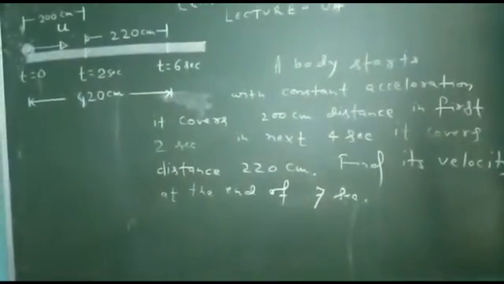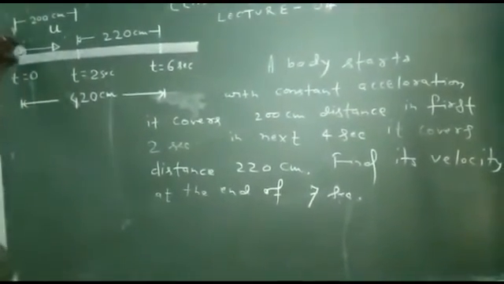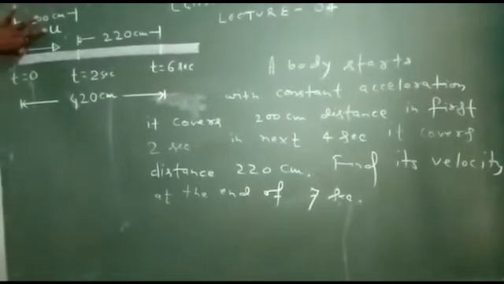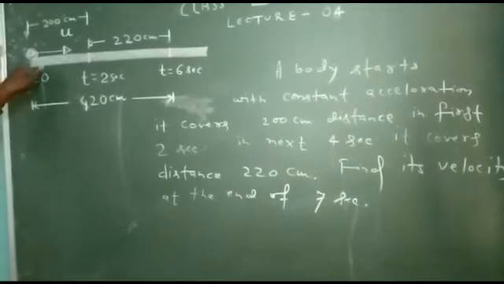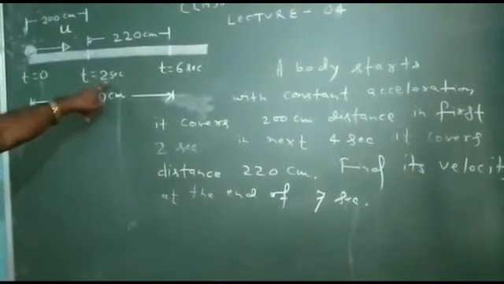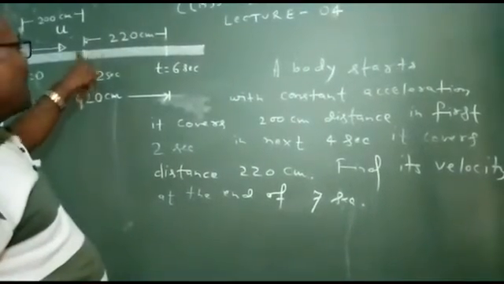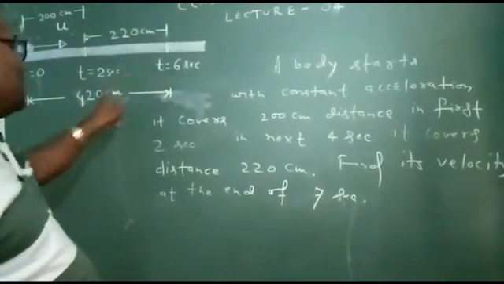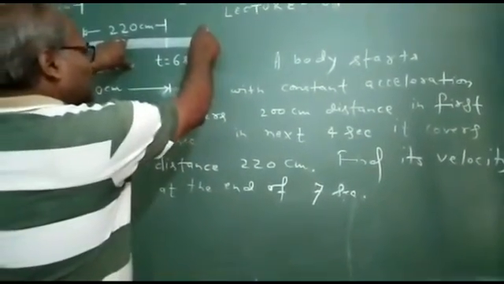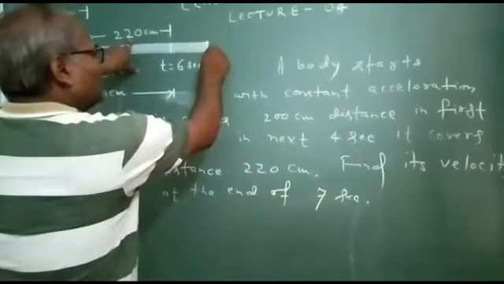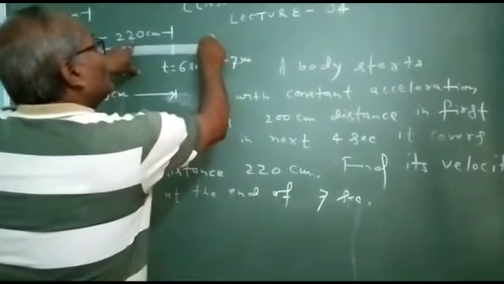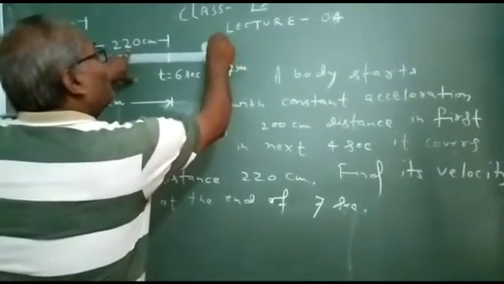Again I repeat, a body starts moving with a certain initial velocity. It covers 200 centimeter distance at 2 seconds. Now in next 4 seconds it covers 220 centimeter distance. Then we have to find, at the end of 7 seconds, what would be the velocity of the body?